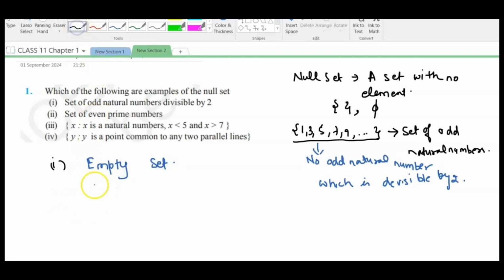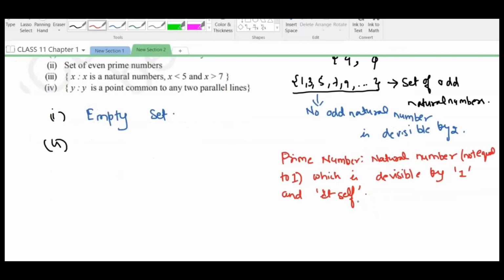Okay, let's see the second question. Set of even prime numbers. Okay, so what does prime number mean? Natural numbers not equal to 1 which are divisible by 1 and itself. So if we want to write the set, it would be 2, 3, 5, 7, 9 is not a prime number, 11 and so on.